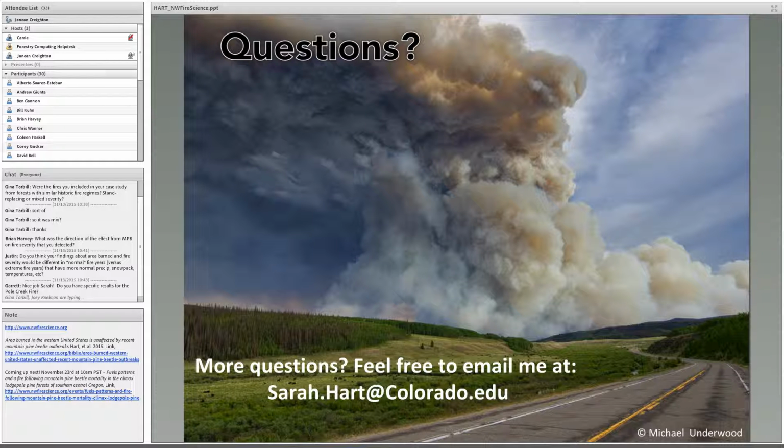Garrett wants to know if I have specific results for the Pole Creek fire. I do indeed. I ran these analyses where I looked at fire severity in relation to mountain pine beetle infestation for each fire individually as well as aggregated, and it tended to be the same results where topographic position index tended to drive fire severity.